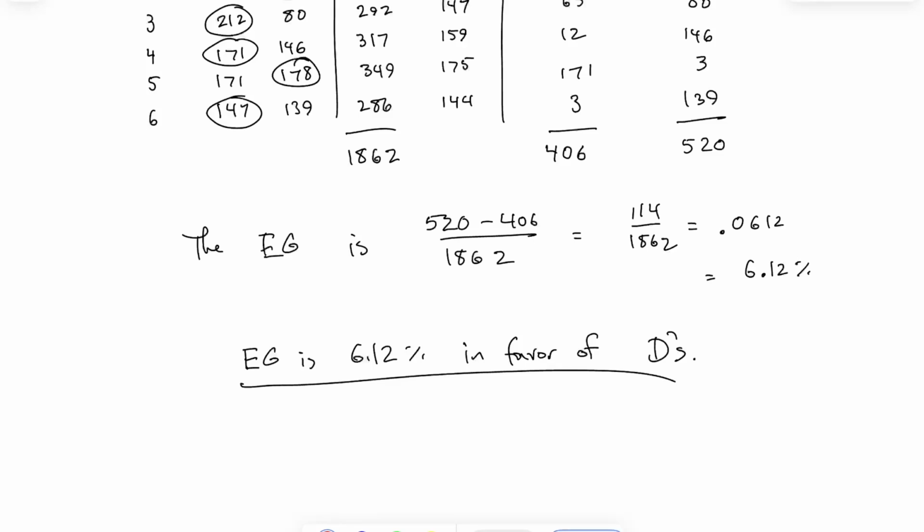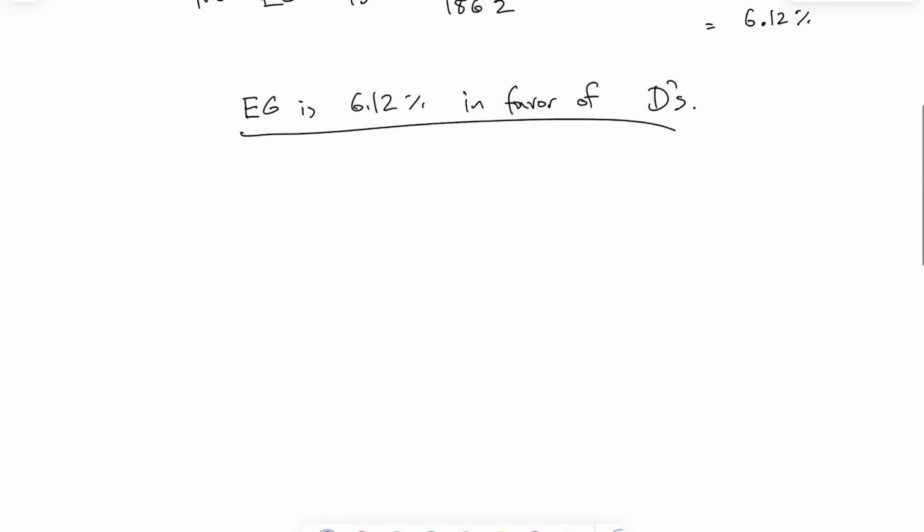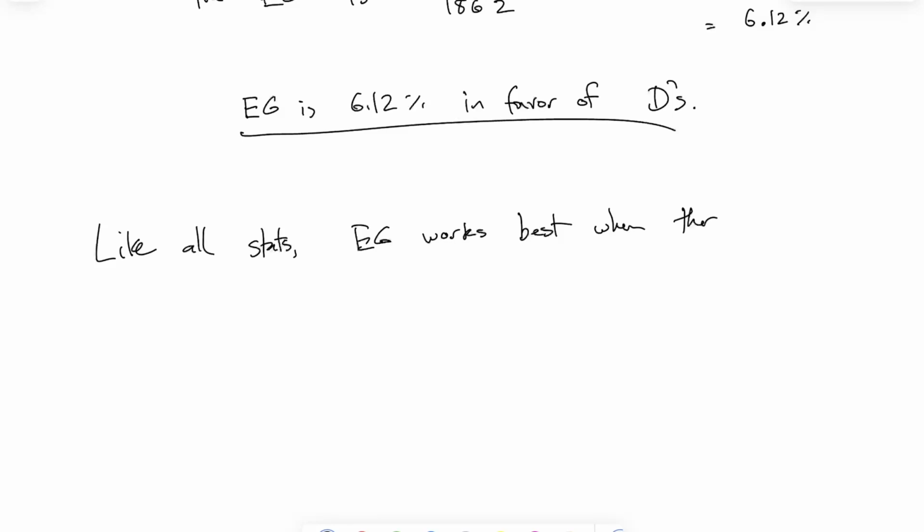Is this an acceptable amount, or does this indicate that something is like super unfair? I will just say, so one thing to say about this is kind of like any statistics, like all stats. The efficiency gap works best when there are many districts.